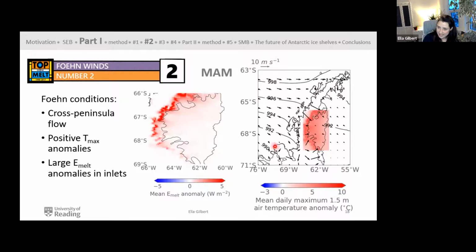So we see this characteristic, very C-shaped set of melt anomalies where we have lots of melting concentrated in inlets. So the effect of Fern is quite strong in these inlets, and particularly in this season, but also in September, October, November. And those two shoulder seasons explain about 4 and 5% of melt.